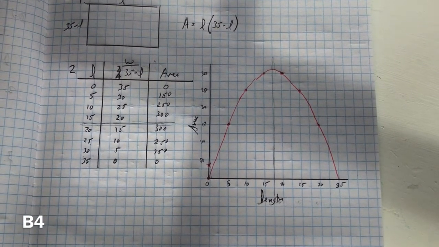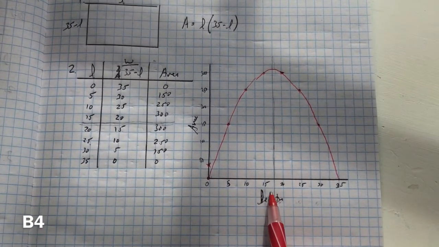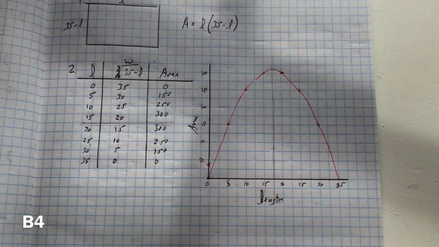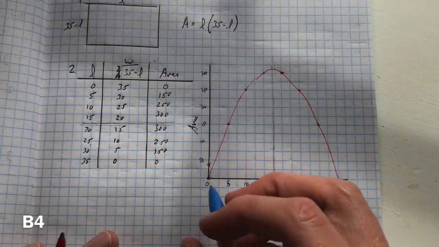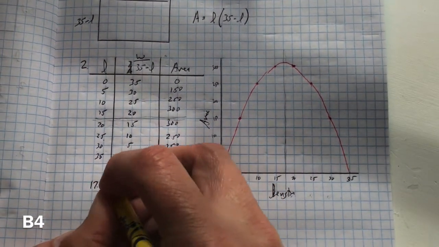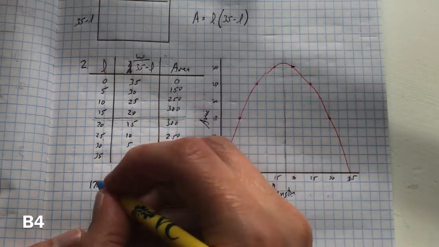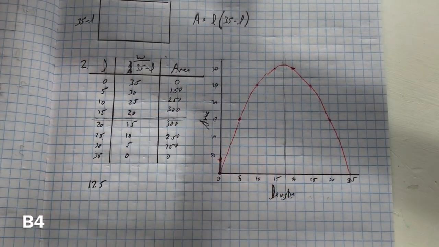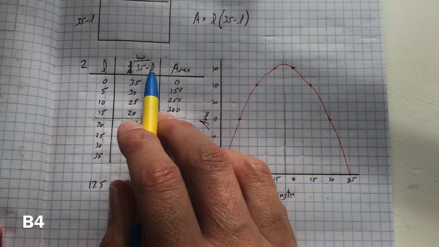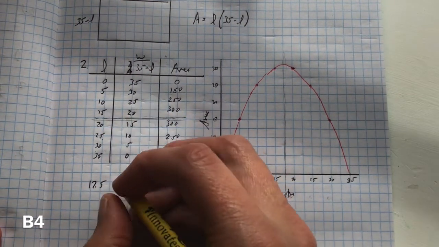So the exact midpoint, well, what is that midpoint between 15 and 20? Well, right in the middle of that would be taking the difference, dividing it by 2, and adding it to 15. But I can know that right in the middle, that's going to be 17.5. So if I put that 17.5 in there for this 35, and if I do 35 minus the 17.5, that's going to be halfway as well, right?